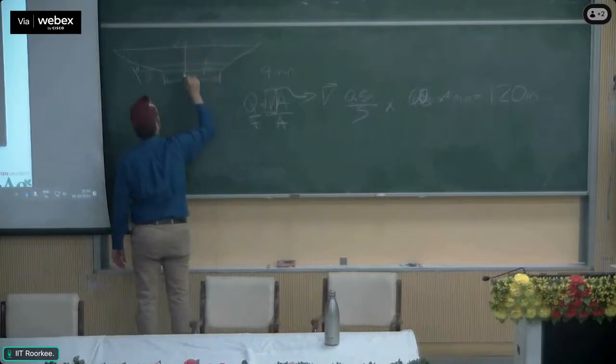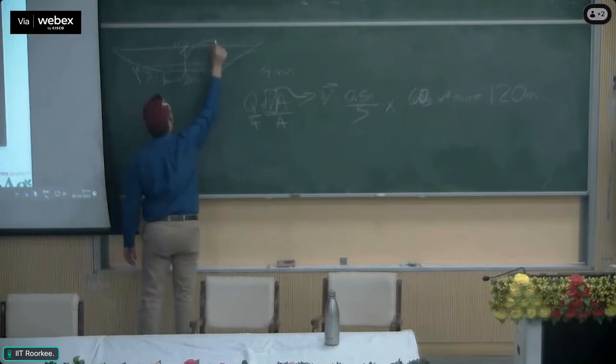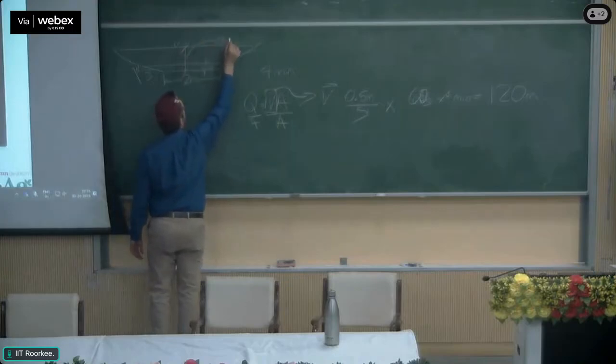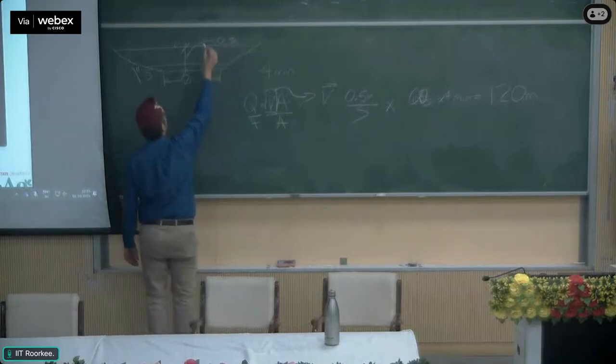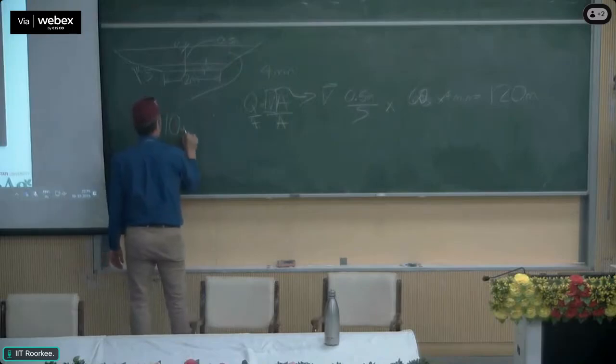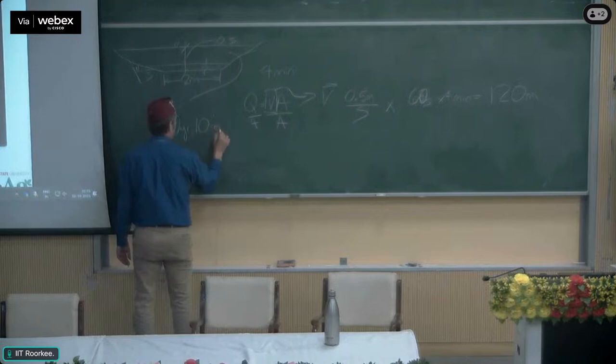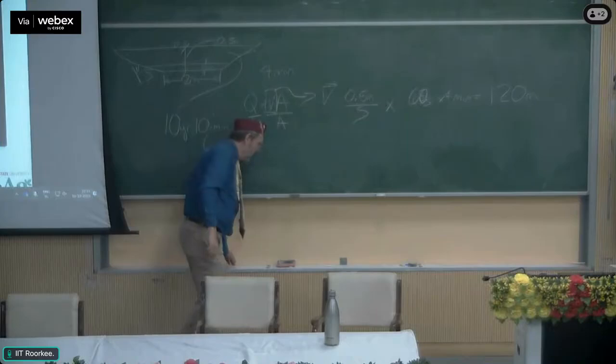So maybe you need half a meter, or maybe even more, to carry the 10-year storm. All right. So the 10-year, maybe 10-minute intensity needs to be carried above the swale.